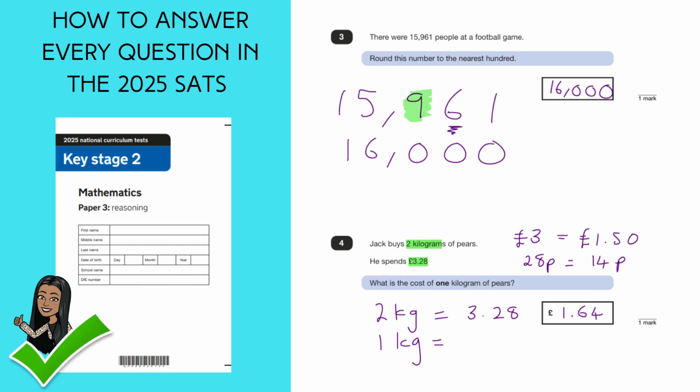But I'm just going to show you, if you did it in a bus stop, £3.28 in a bus stop, divide it by 2, put your decimal point above the decimal point in your £3.28. 2 into 3 goes once, there is a remainder of 1. 2 into 12 goes 6 times exactly, no remainders. 2 into 8 goes 4 times. You can see the answer is £1.64 both ways you do it.